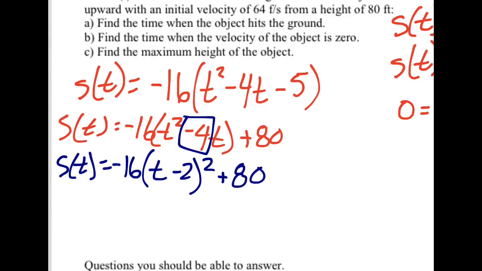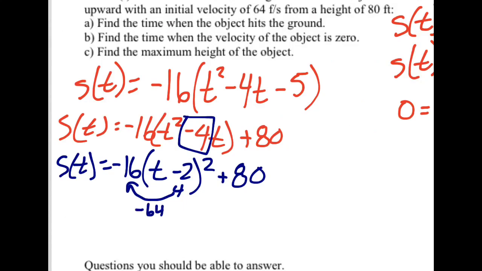But now this is the part where you say, okay, well, in order to complete that square, if I were to work out that t minus 2 squared bit right there, I would get negative 2 times negative 2 is positive 4. So I really have a positive 4 in there. But that positive 4 is being multiplied by a negative 16. So it's really like I've essentially subtracted 64 from this function. 4 times negative 16 is negative 64.